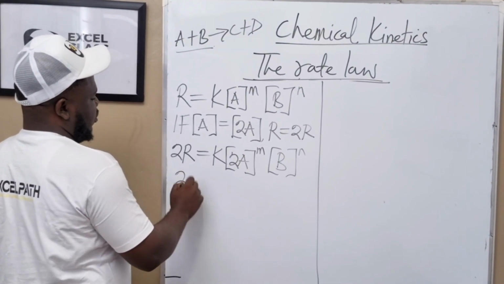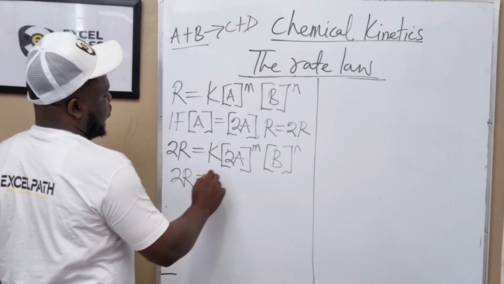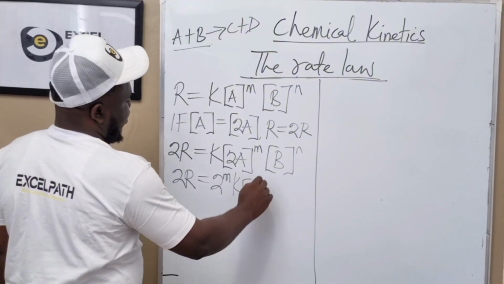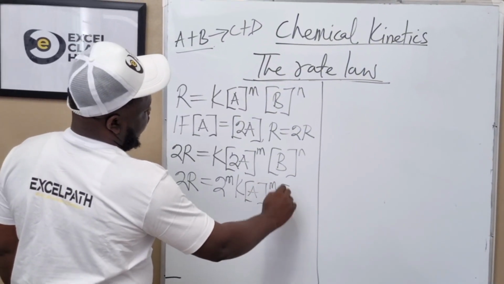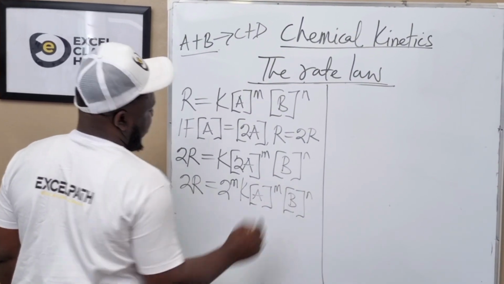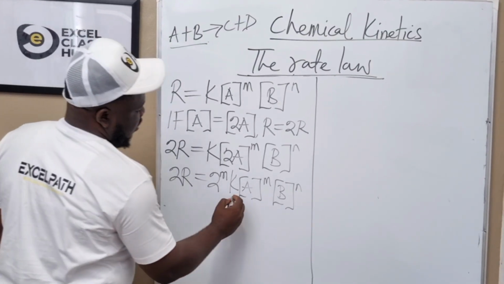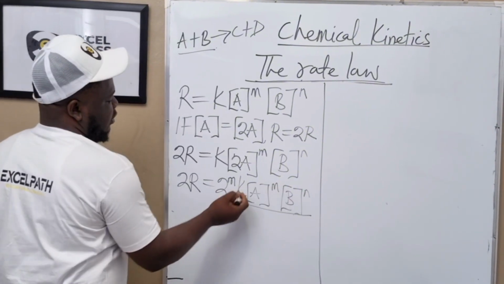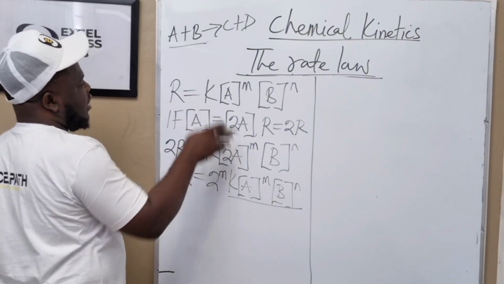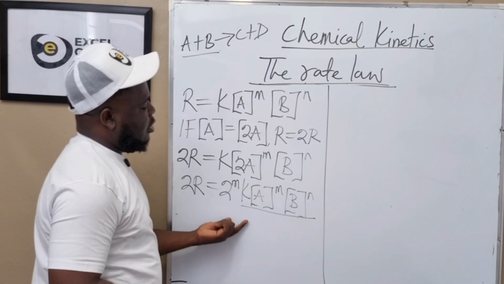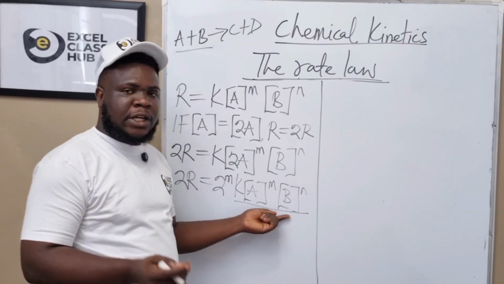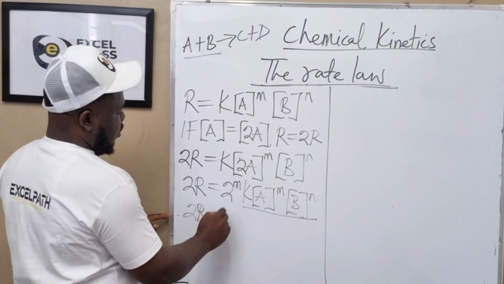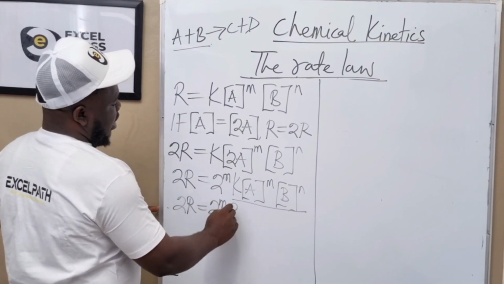That becomes 2R is equal to 2 raised to power M times K, concentration of A raised to power M, concentration of B raised to power N. Now if you notice, from this K to our N resembles our R. So we can replace this expression with R. So that becomes 2R is equal to 2 raised to power M times R.